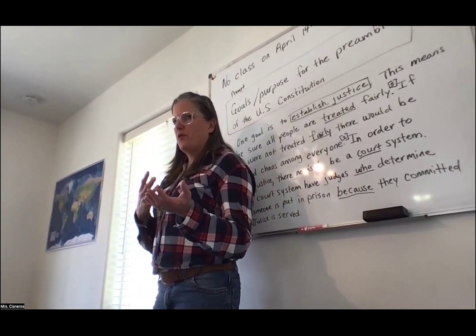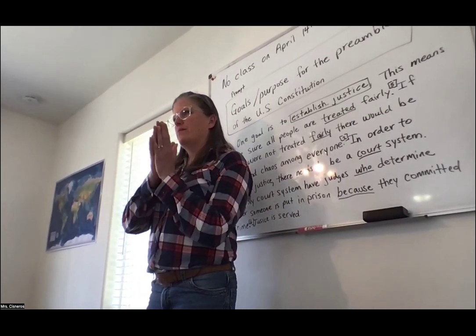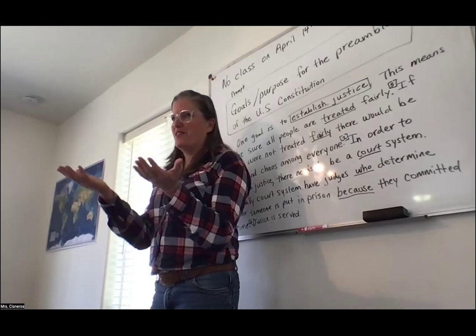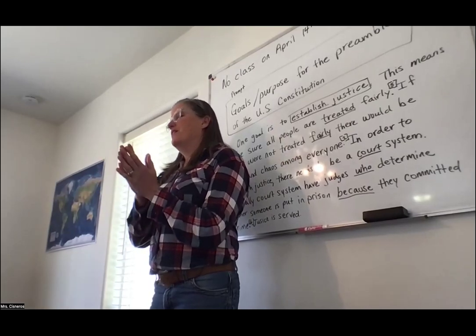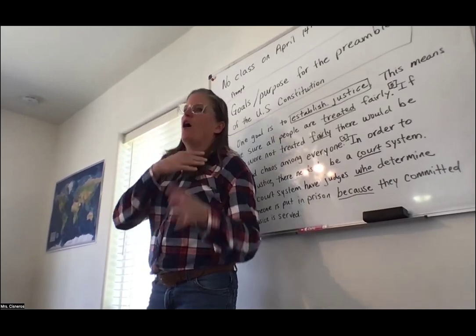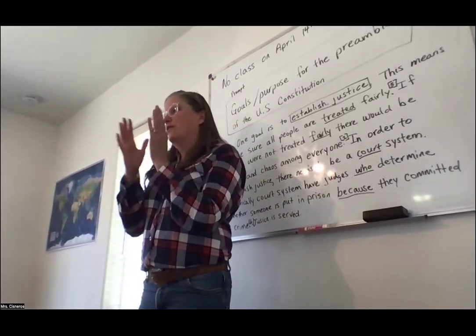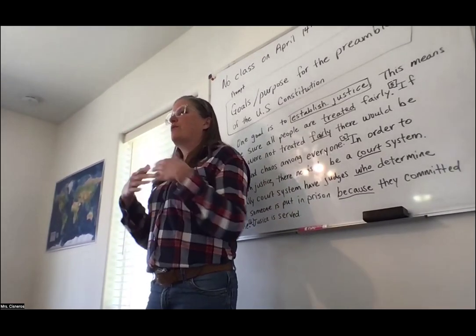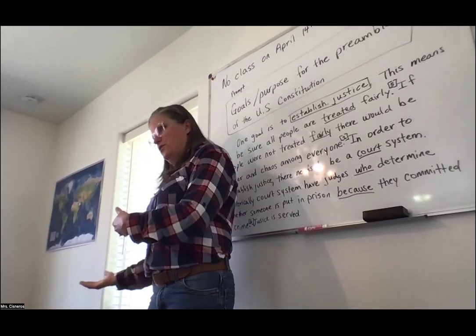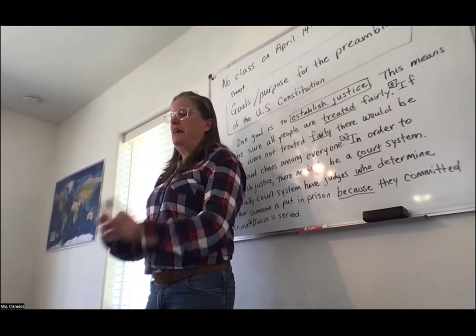Have you seen a preface before? It's basically a little bit about the author, a little bit about what inspired them to write the book. It's almost like an introduction. The preamble is that to the Constitution. It's telling us what's in the Constitution.